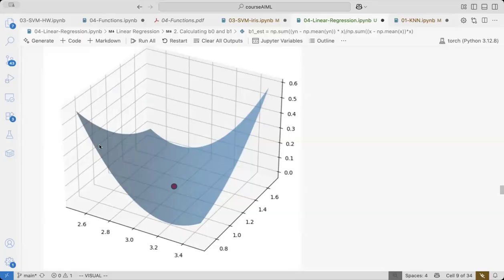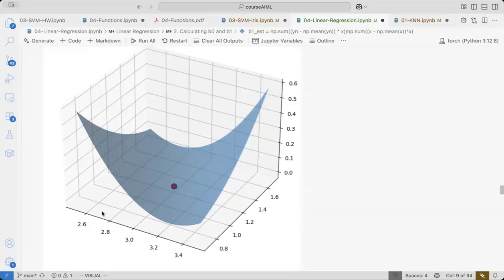Then I can ask in which direction is this loss function decreasing? If my W0 reduces and my W1 increases, that seems to be the direction in which my loss function is reducing.